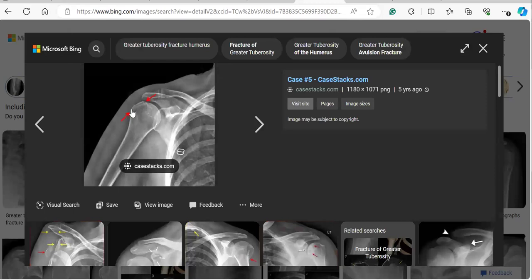So see, this is the greater tuberosity of the humerus. If there is a fracture in that area, most of the time all you need to do is put the patient in a sling.